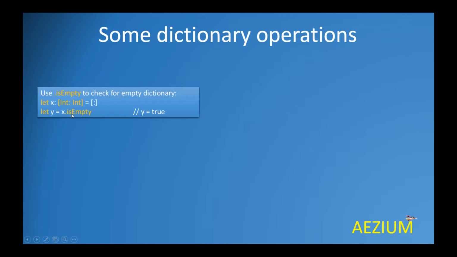If it is indeed empty, it returns a boolean true to y here. Otherwise it would return a boolean false. In this particular example, of course, because x is empty, x dot isEmpty will be true and y will be equal to true.